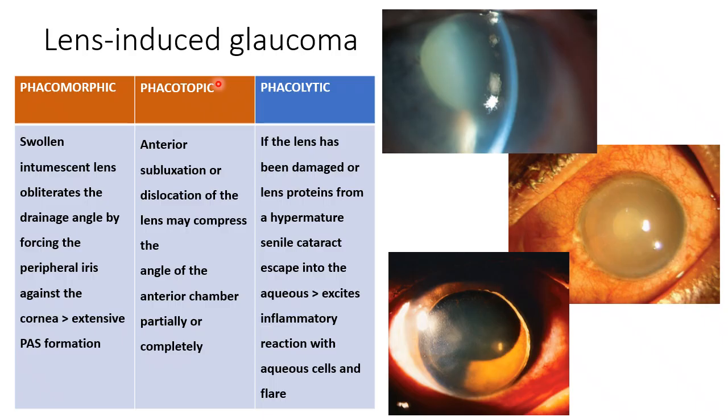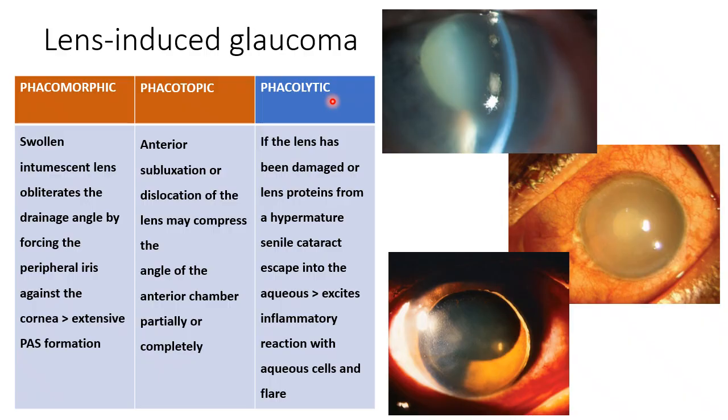Phacotopic, the word topic has something to do with position. So this is phacotopic. You see, the lens has dislocated forward, maybe due to trauma, into the anterior chamber, and it is completely blocking the inferior angle, right? So obviously blocking of the angle would lead to a rise in IOP. So that is phacotopic glaucoma, anterior subluxation or dislocation of the lens which compresses the angle partially or completely. And then comes phacolytic.